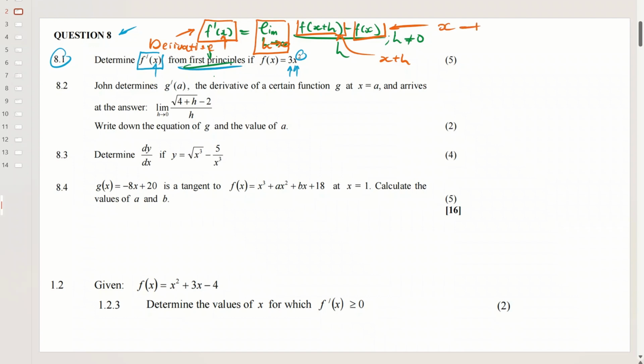Meaning when you evaluate your function at the original value of x, you'll have f of x. And when you evaluate this function at x plus h, you'll have f at x plus h. So you have f of x, you have f at x plus h, and that's what you have as your numerator there.